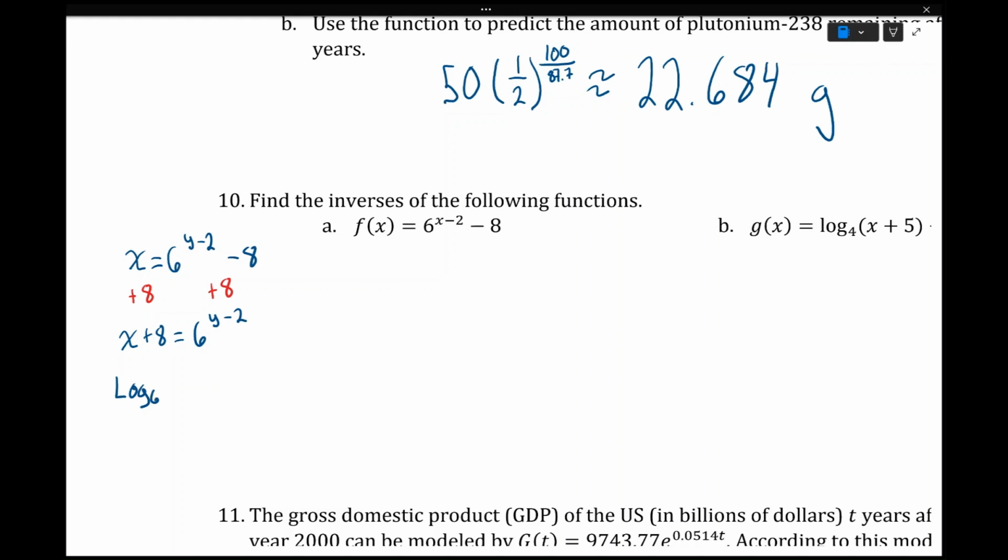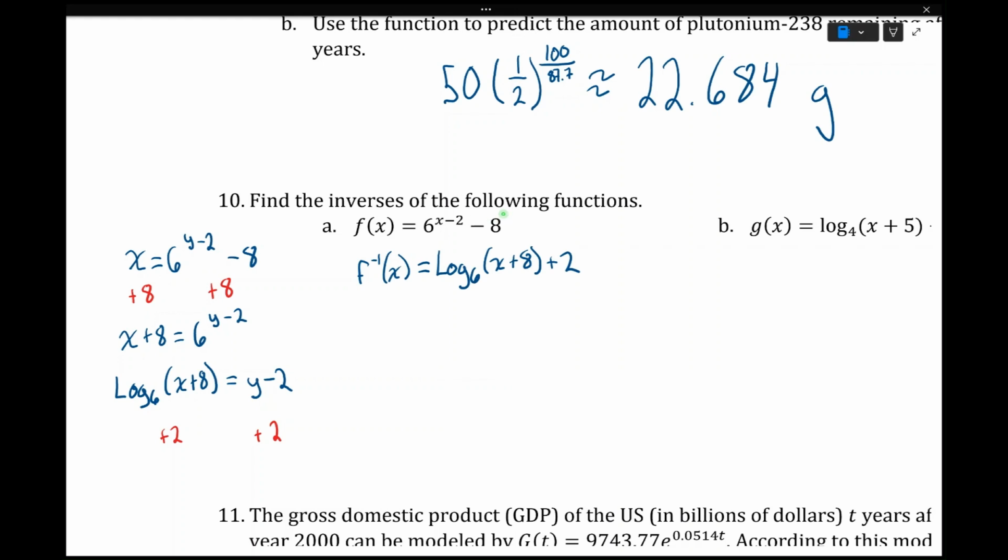End up with log base 6 of x plus 8 equals y minus 2. I add that 2 to both sides. And so in the end, I get that the inverse function must be log base 6 of x plus 8, plus 2. But let's notice some patterns.